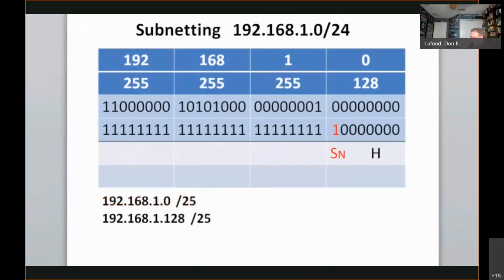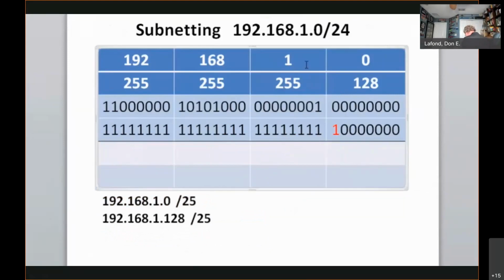The subnetworks are the 192.168.1.0/25 subnetwork and the 192.168.1.128 subnetwork /25.